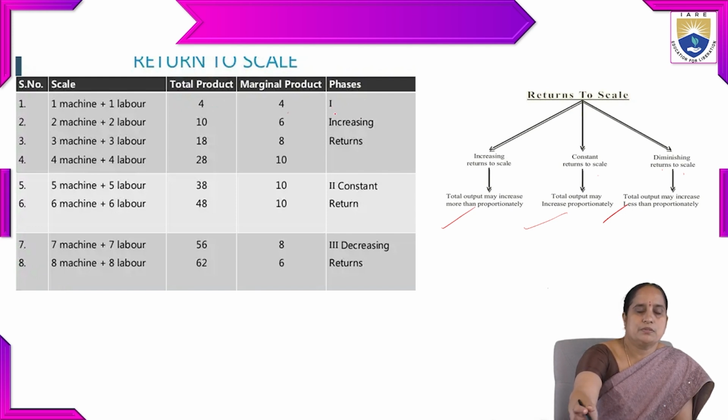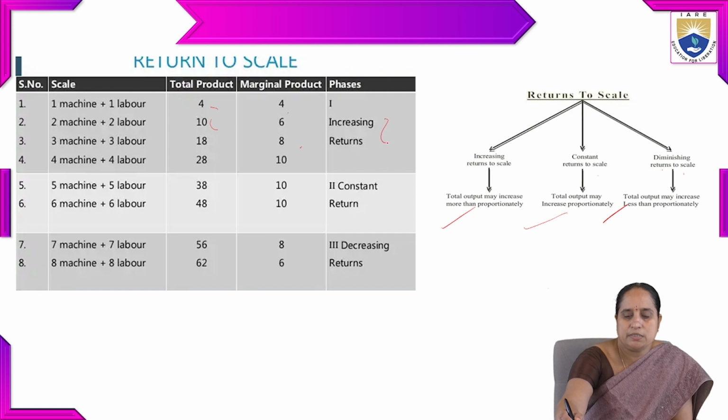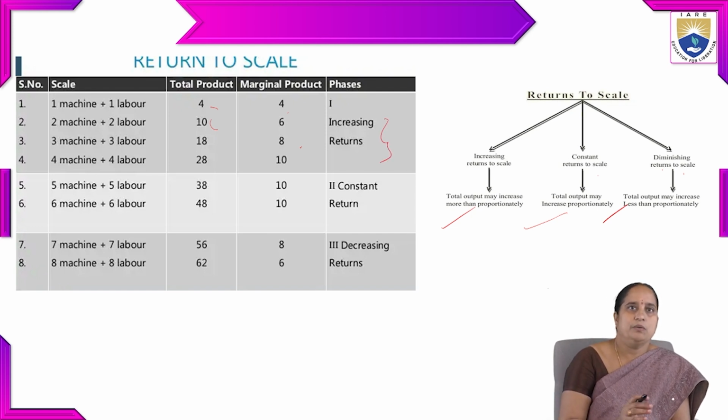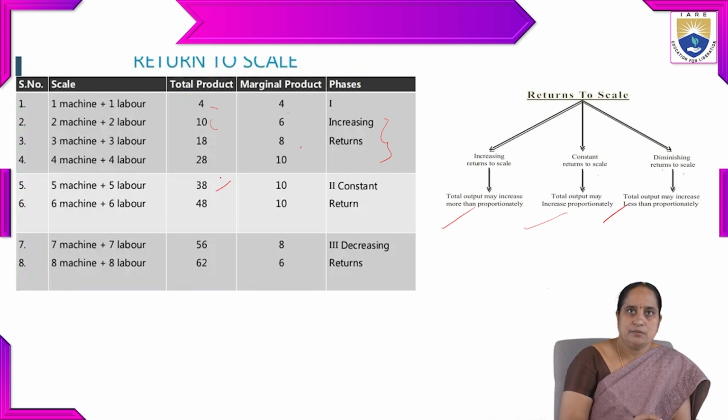This is the first phase. In case of the combination of 2 machines plus 2 labor, your total product may increase to 10. The marginal product is 6. 3 machines, 3 labor, 18. 8. If you observe the first phase, we are seeing that there is an increase in returns. Coming to 5 machines plus 5 labor, your total product may increase to 38.